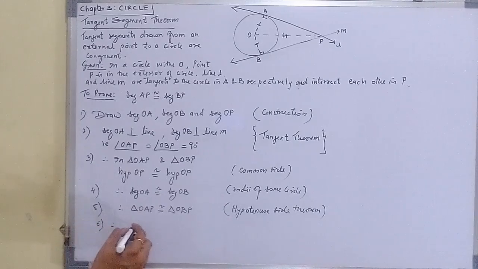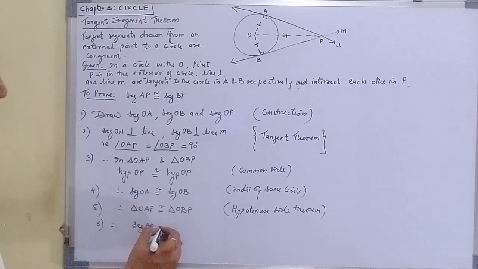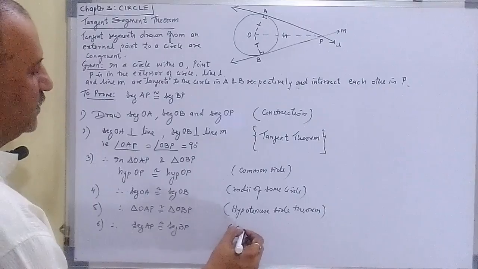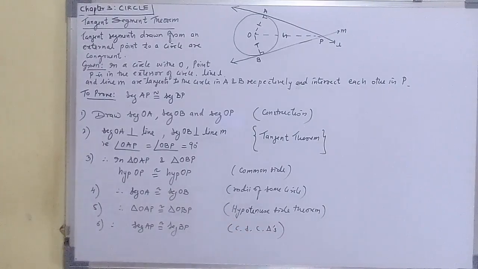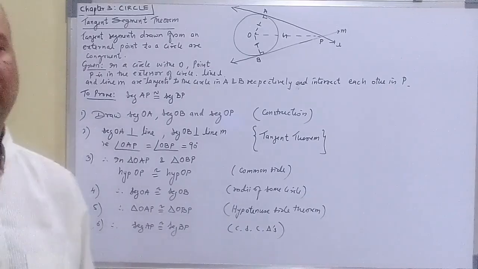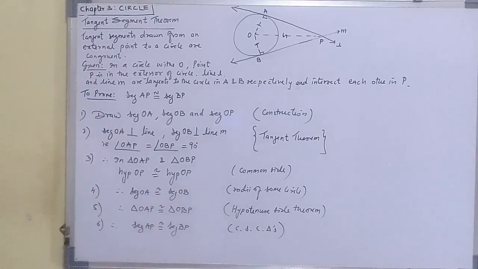Statement number 6, therefore seg AP congruent seg BP, corresponding sides of congruent triangles. With that we complete our next theorem.